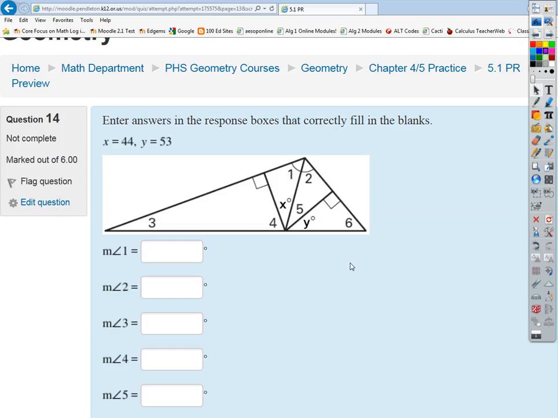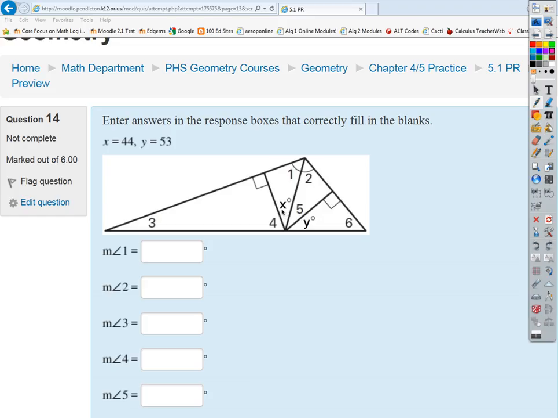Triangle sum theorem, right? What is the sum of all the measures of the interior angles? Always 180. Okay, so this is a perfect example to illustrate why it's so important to fill in the blanks as you go. I'll give you just one little hint.